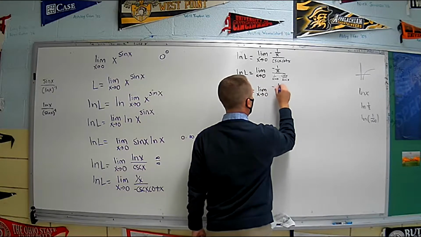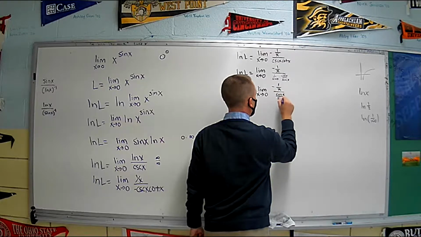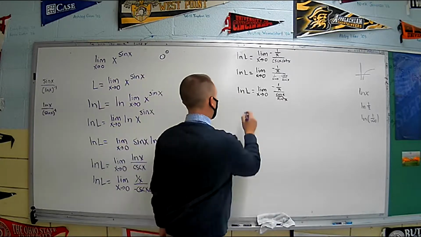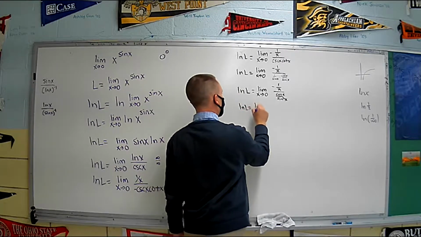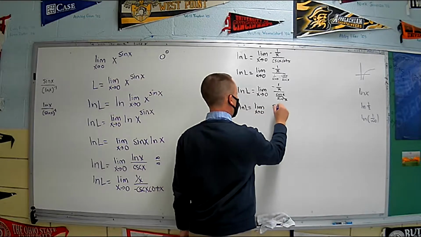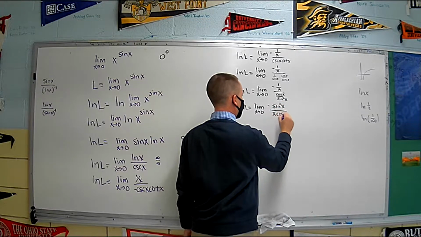So I have negative 1 over x divided by cosine x over sine squared of x. Right? And then that's going to be sine squared of x, I'll stick the negative there, over x cosine of x. Okay?